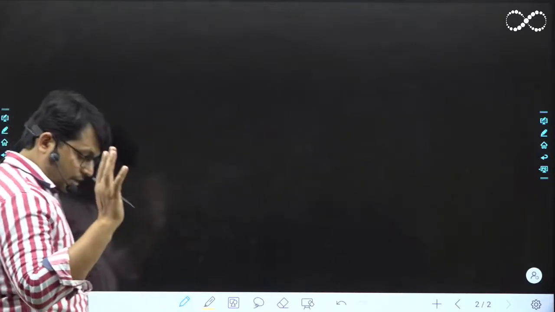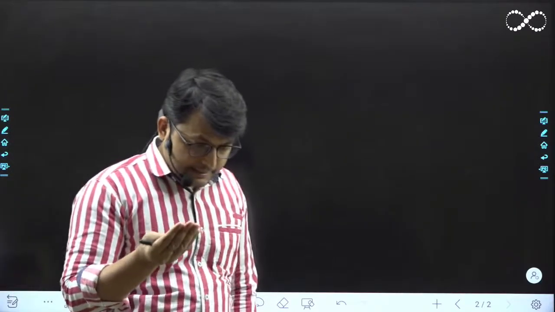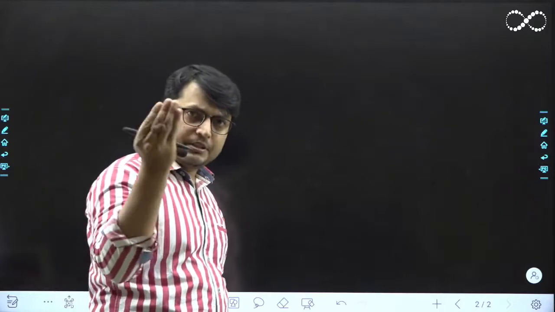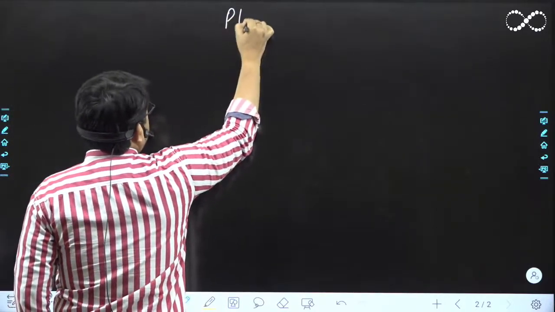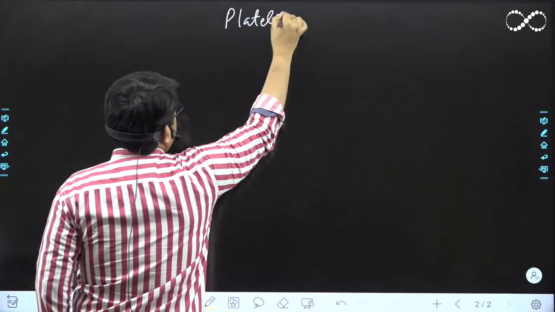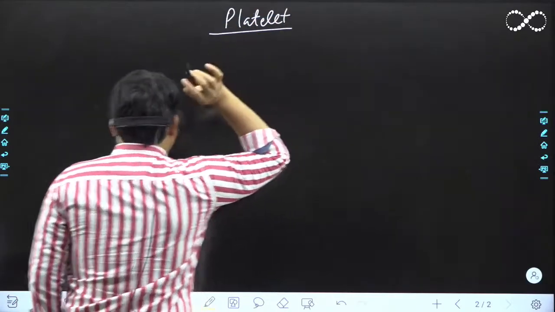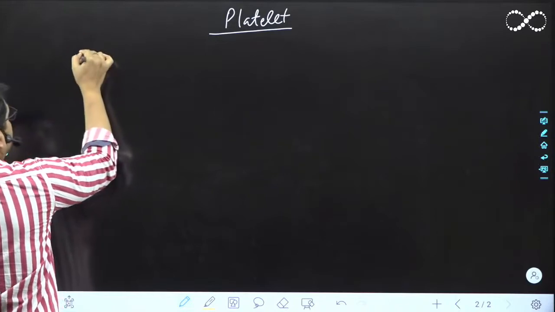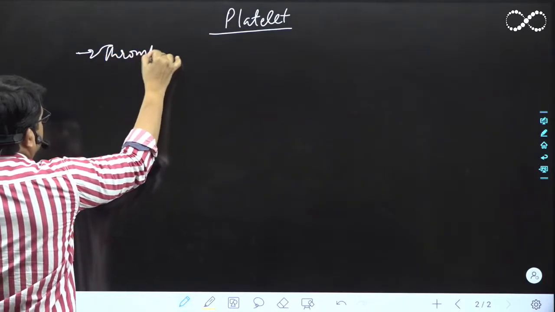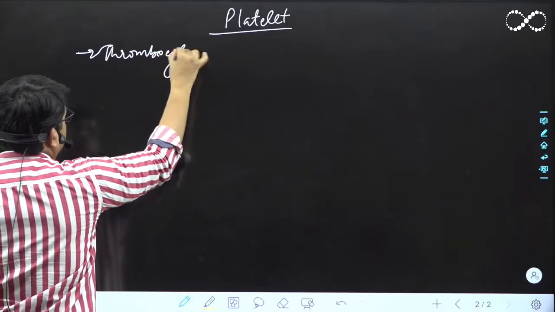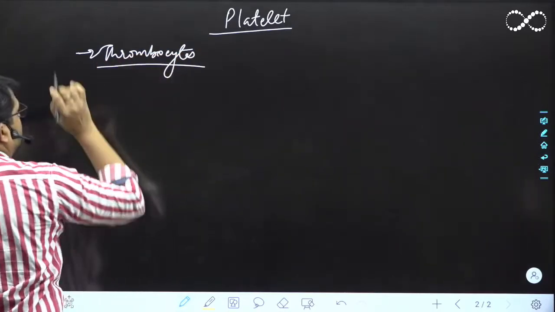So these are different types of blood cells, right? RBC, WBC, एक और बचा हुआ है. We are going to see that, it is called platelet. We also call it thrombocytes.